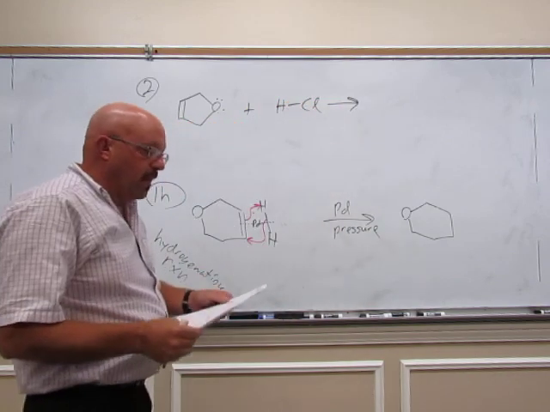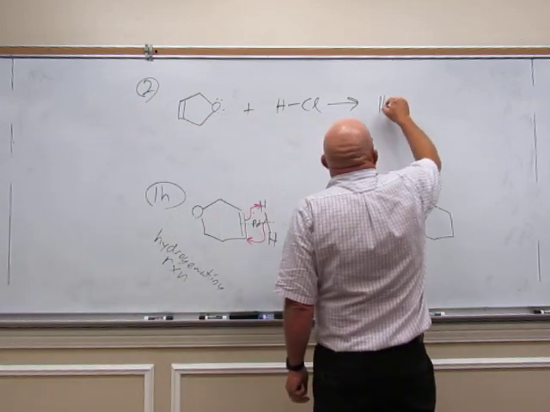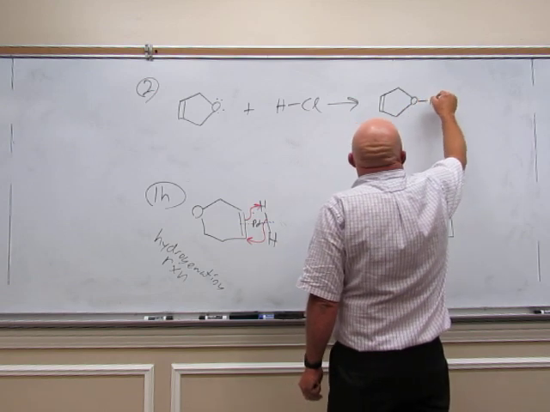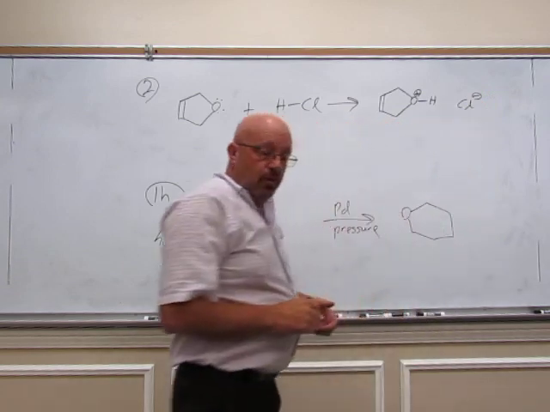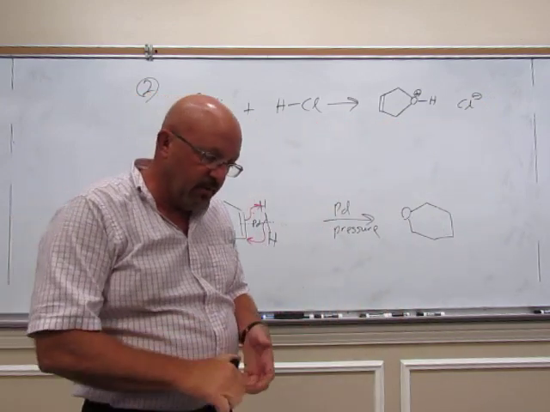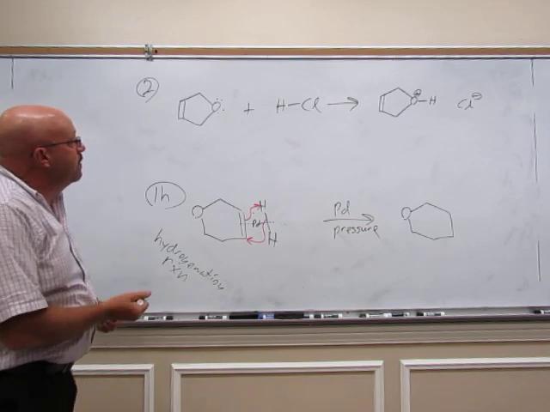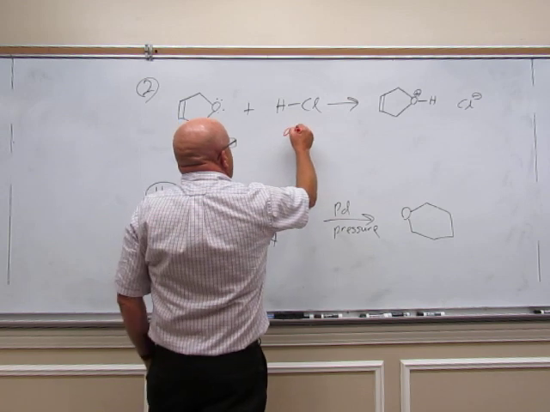Our next one here asks for the mechanism. Well, I gave you the full reaction and just asked you to provide the curved arrows that show the flow of electrons. So HCl is our strong acid.